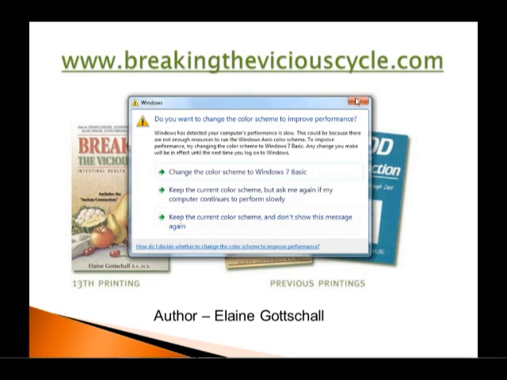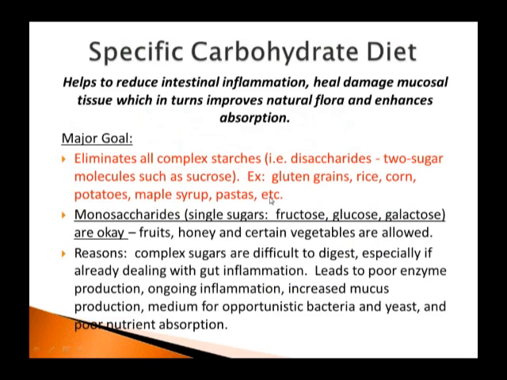I have seen many kids over the years do extremely well with this particular diet because the upshot is this: you're eliminating certain specific carbohydrates, primarily complex starches, what are called disaccharides. These are the two sugar molecules found in gluten or rice or corn or potatoes because they are found to be triggering inflammation along the surface or the mucosal lining of the gut.